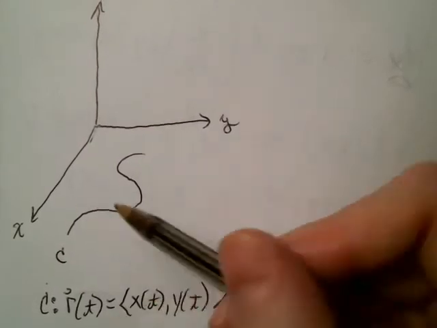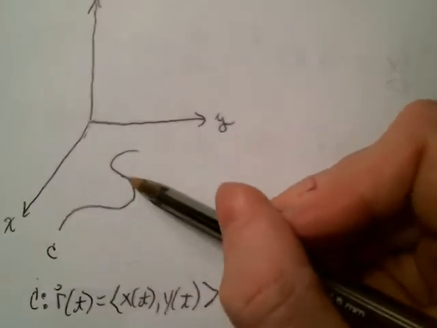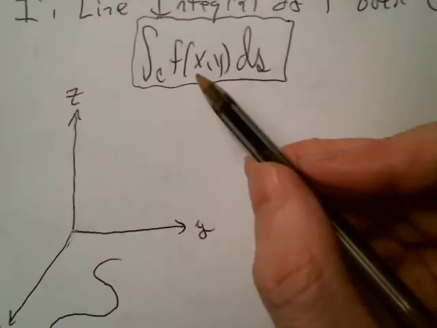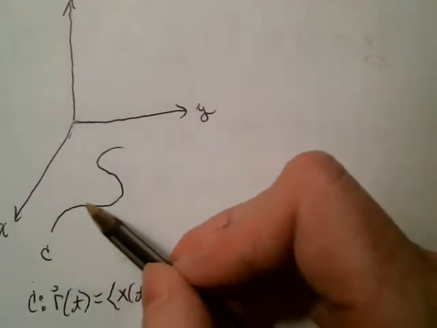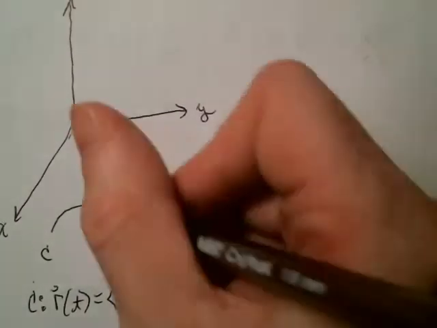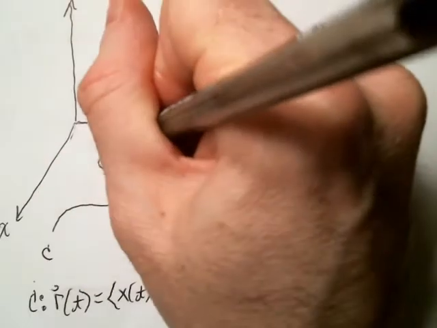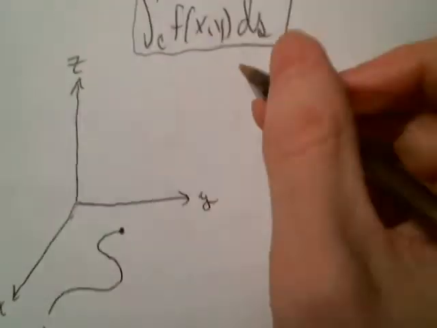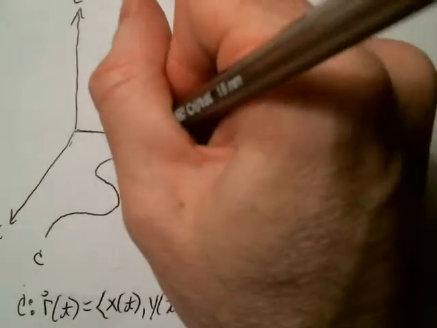Okay, and then at every point on this curve we can associate with it this function f of x, y. So every one of these, there's an x, y there. So we can take any point here and plug it into this function, and we'll get a z value, right?